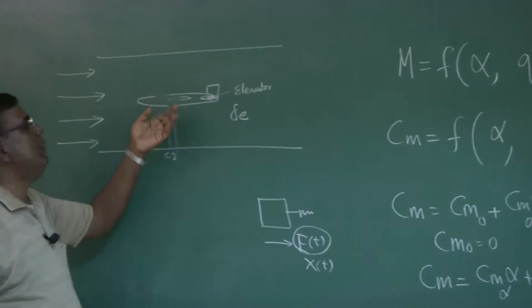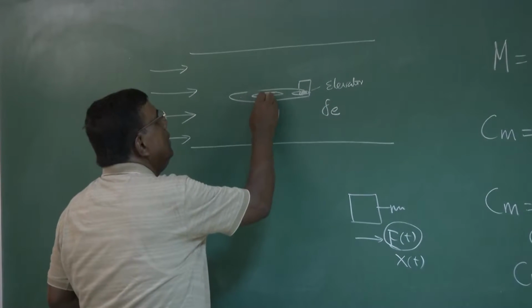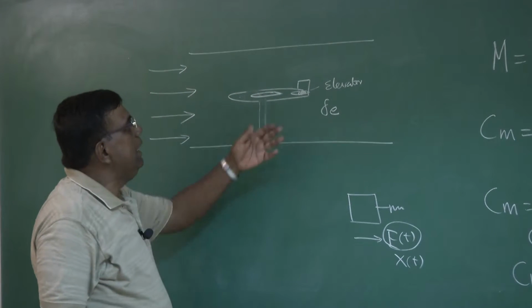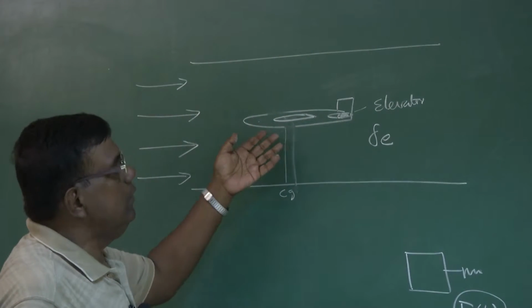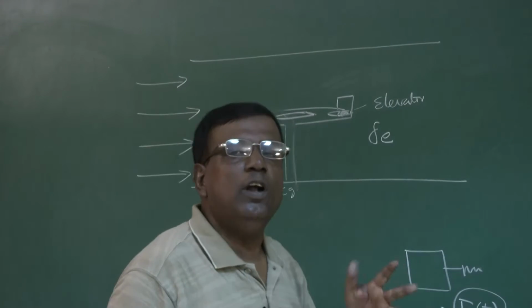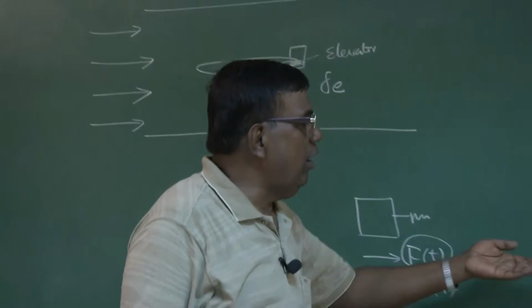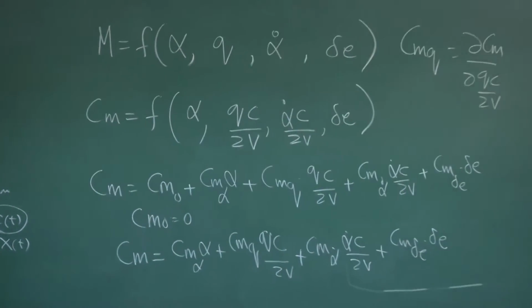If my wing is symmetrical, tail is symmetrical, the fuselage is symmetrical, everything is symmetrical, then naturally at alpha equal to 0, there will not be any Cm. So I can always put Cm not equal to 0.